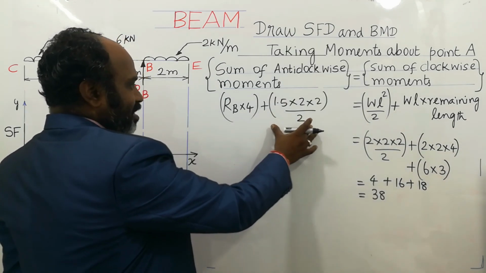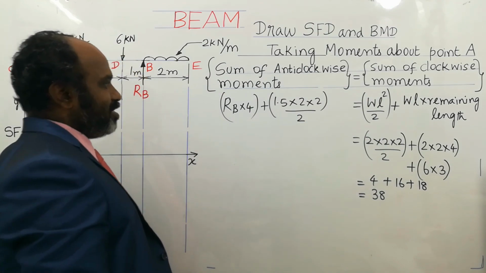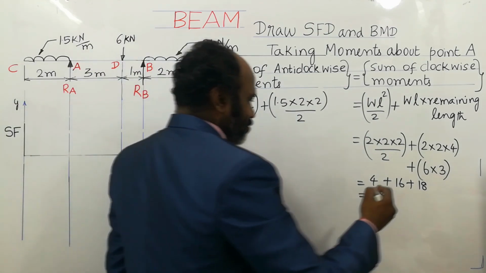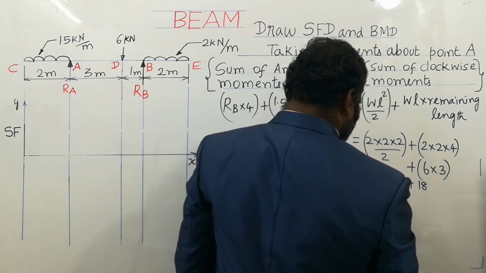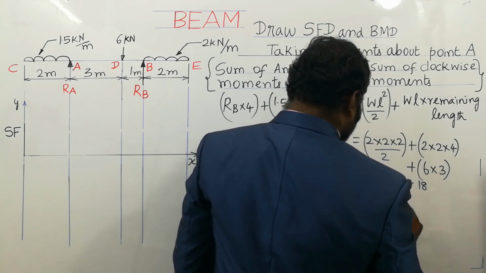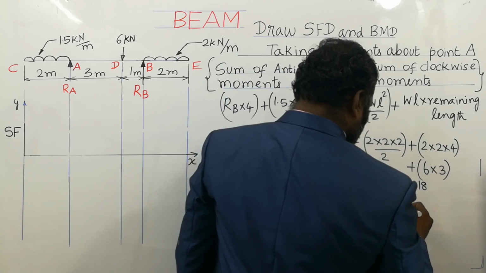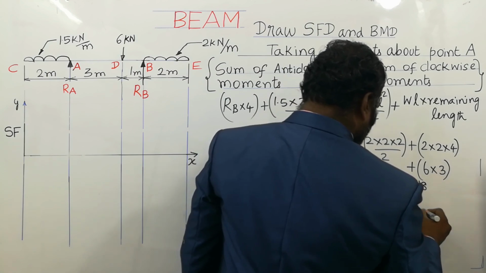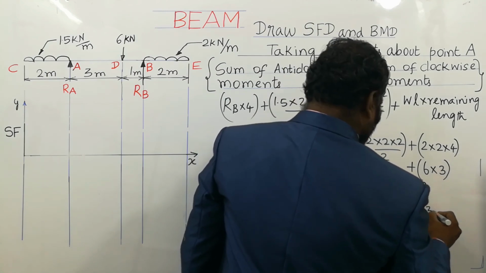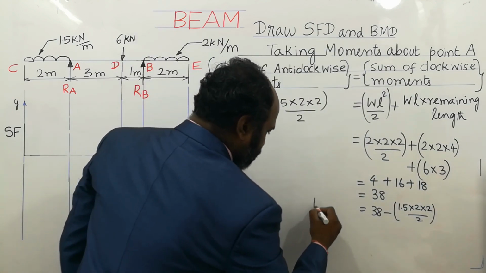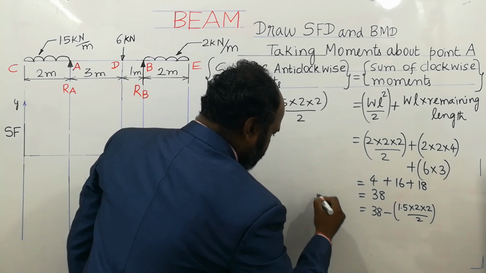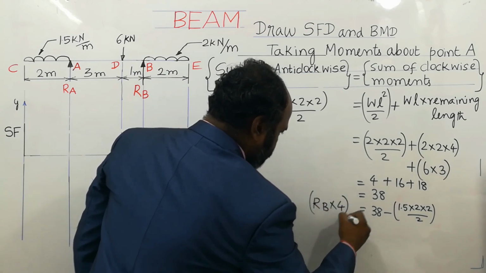The term 1.5 into 2 into 2 goes to the right side. When it goes to the right side, it becomes minus. Therefore it is 38 minus 1.5 into 2 into 2 by 2. This is the value for RB into 4.